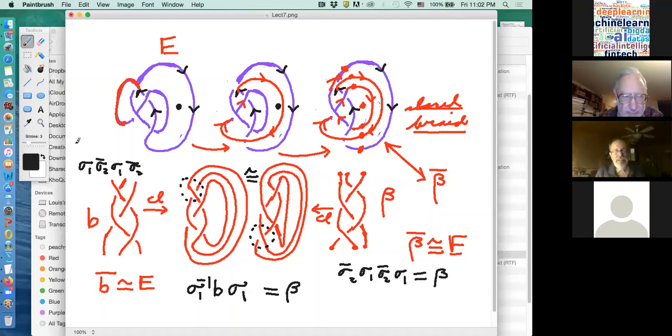This is B. Conjugation has the same effect as taking something off the top and putting it down on the bottom in this case, right? And furthermore, you can see that conjugation of a braid by any other braid will leave the closure alone. I'll say that on another slide so that it's clear what I'm saying. But you now have a picture of Alexander's theorem.